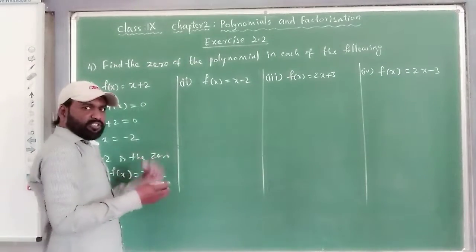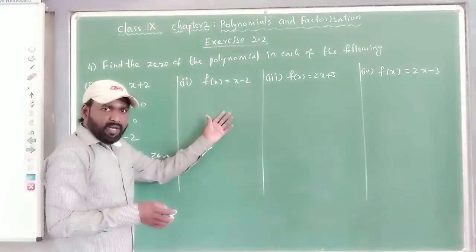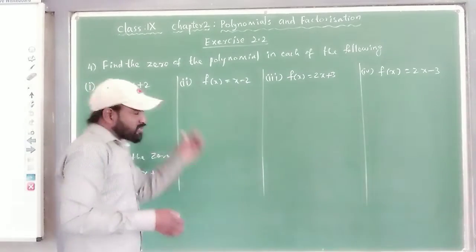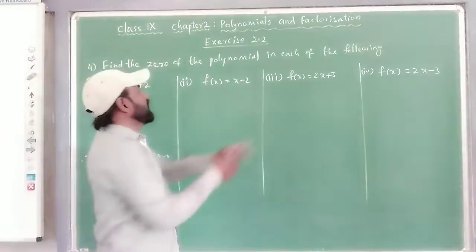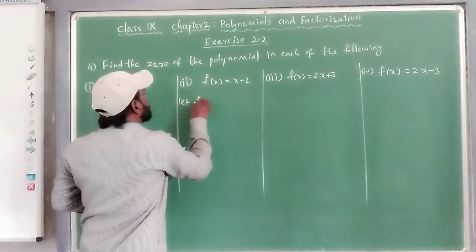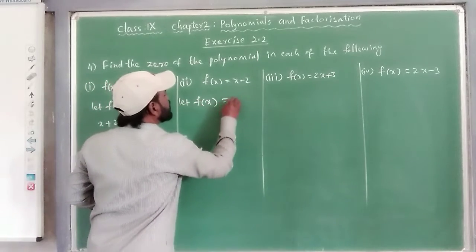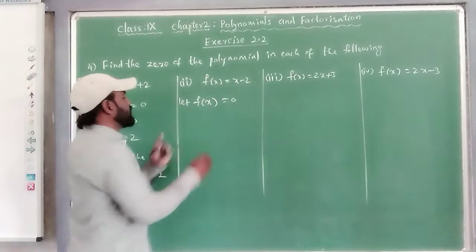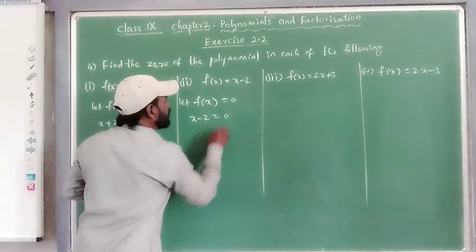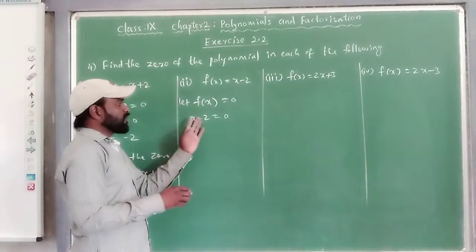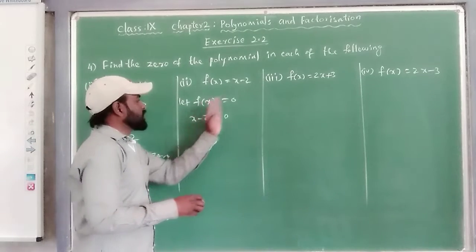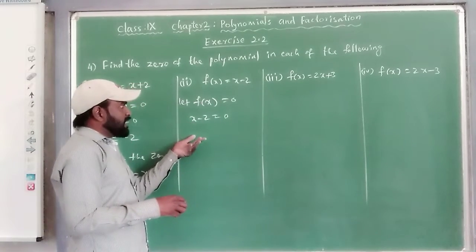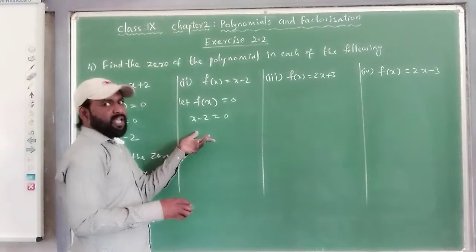What I told you first, in order to find the zero of the given polynomial, you just suppose the polynomial is equal to 0 first. So let the polynomial f of x is equal to 0. But actually what is f of x? F of x is equal to x minus 2. So x minus 2 is equal to 0. Just transpose the constant terms towards the right hand side. Only the variable which is there, you keep it on the left side.